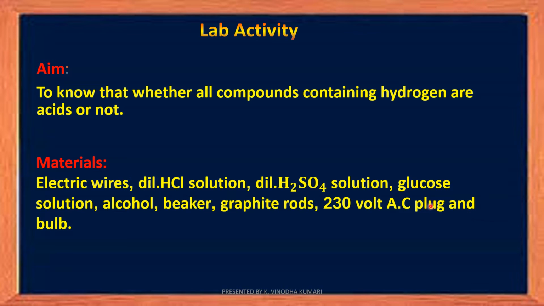By taking these materials, we'll perform an activity and see whether the compounds containing hydrogen can be considered as acids or not. First, we'll see the materials. Let us see the materials required for this activity.